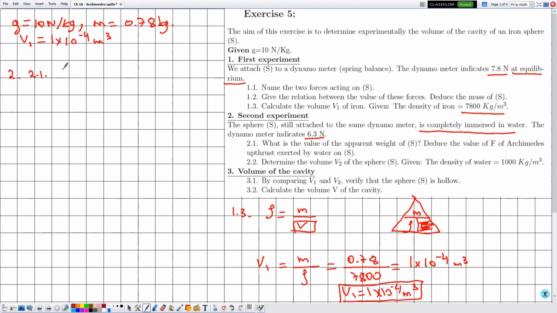Then let's say since the suspended object, which is given by us, is immersed in water, or in a liquid. In this case the liquid is water.